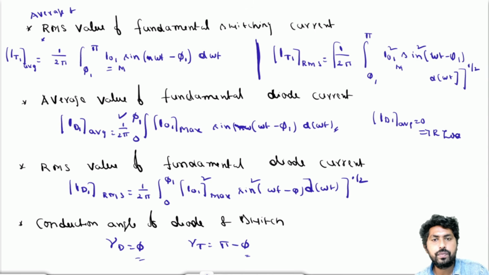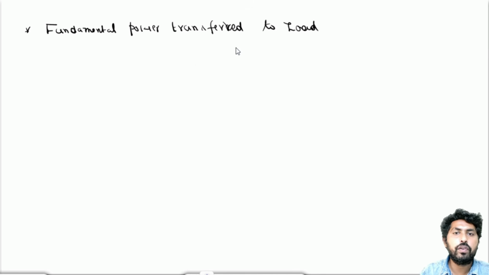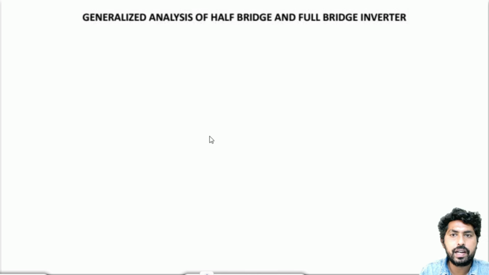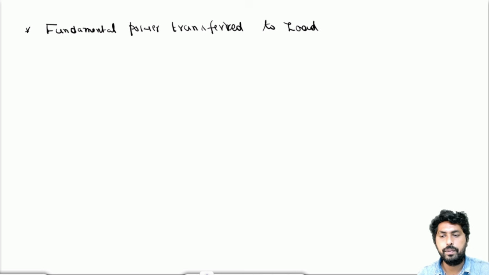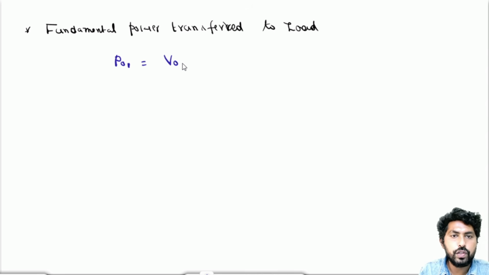Let us find the fundamental power transferred. The fundamental power transferred, P naught 1, is equal to V naught 1 RMS into I naught 1 RMS into cos phi 1.